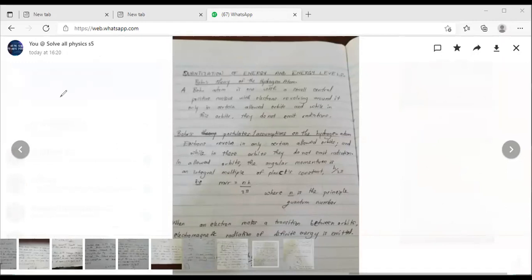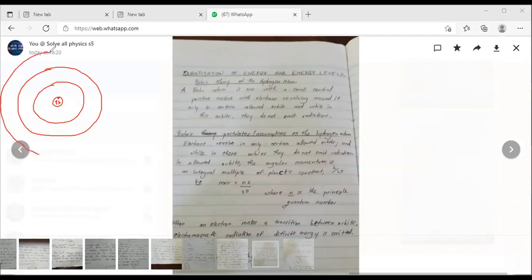What did he mean? If this is the positive nucleus, and we have orbits where the electrons revolve about the nucleus, when these electrons are revolving around the nucleus, they are in specific orbits. An electron is in this orbit, an electron is in that orbit. We have electrons here in this other orbit, and also electrons in this other orbit.